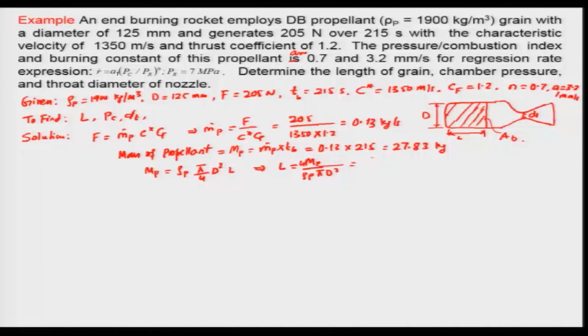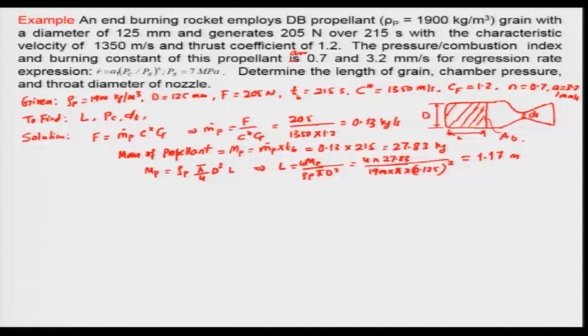If you substitute this value, 4 into 27.83, density is 1900 into pi into d. D is your diameter. Diameter is something 125 millimeter. Keep in mind that you will have to convert all the units into the same, that is SI unit, you will get in meter, and that happens to be 1.17 meter.